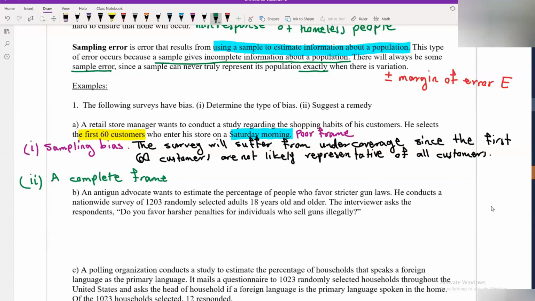A complete frame is not given, because we don't have any other information on that part. I'm not able to see what our population is.